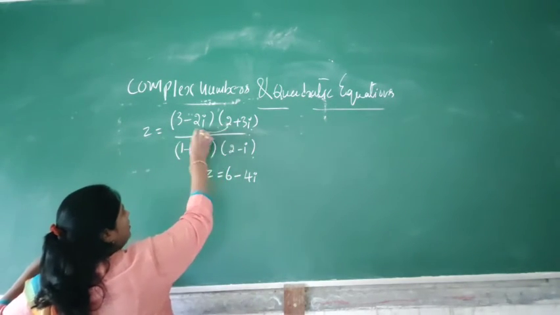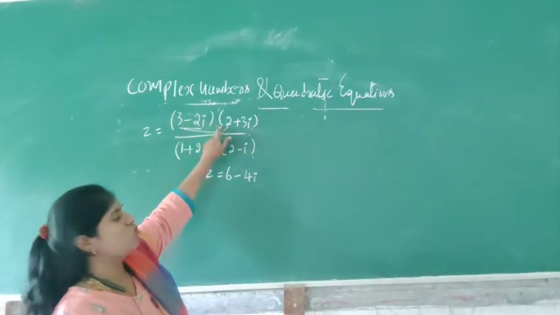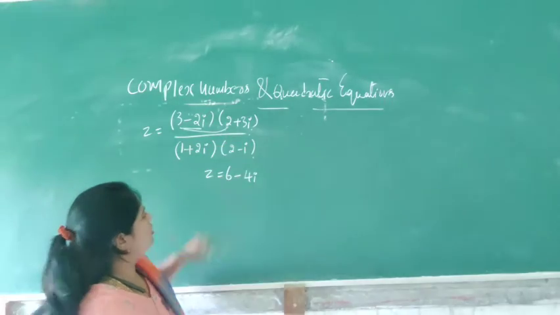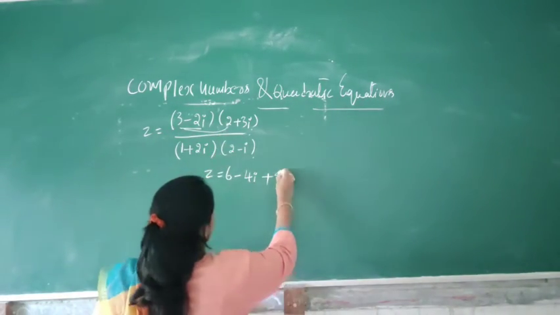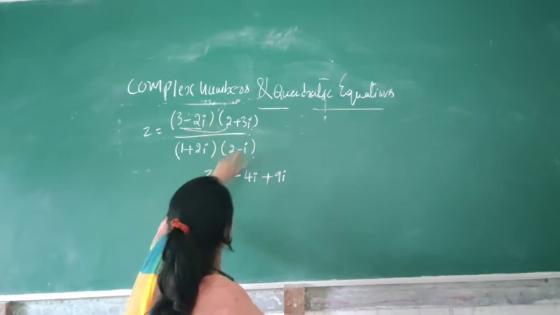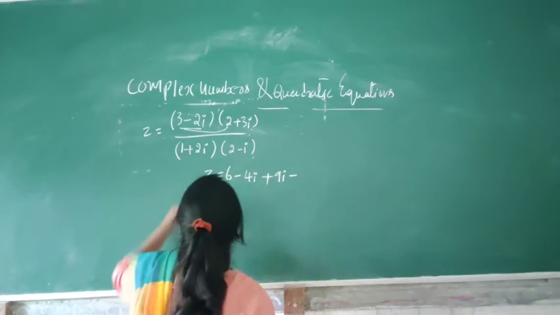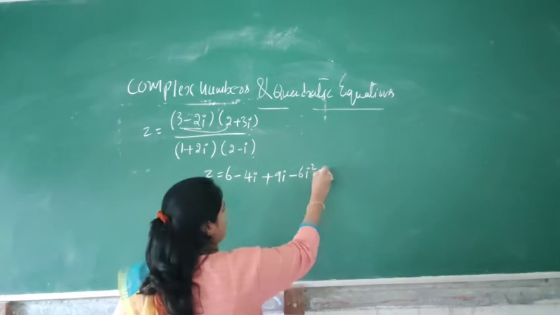You are multiplying 2 to 3 minus 2 to 2i plus 3 threes are 9i, minus into plus minus 2 threes are 6i square.